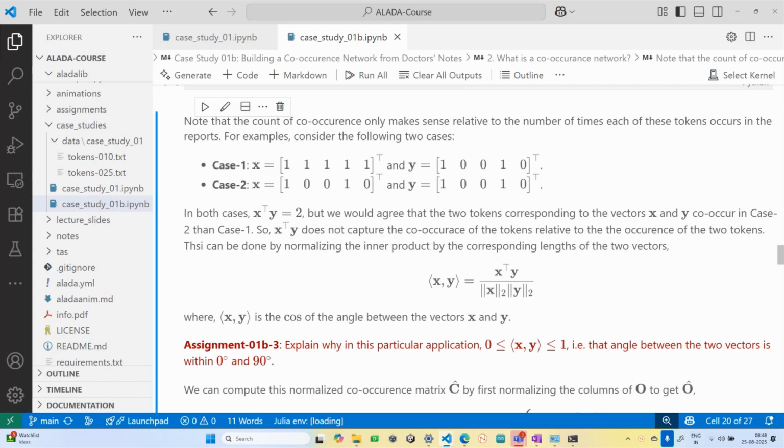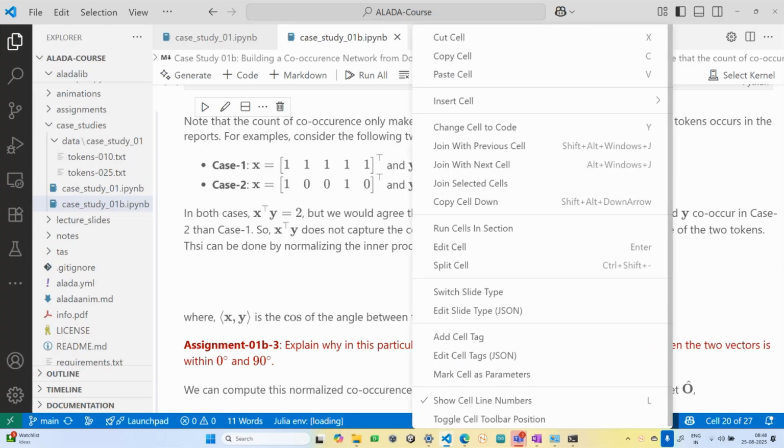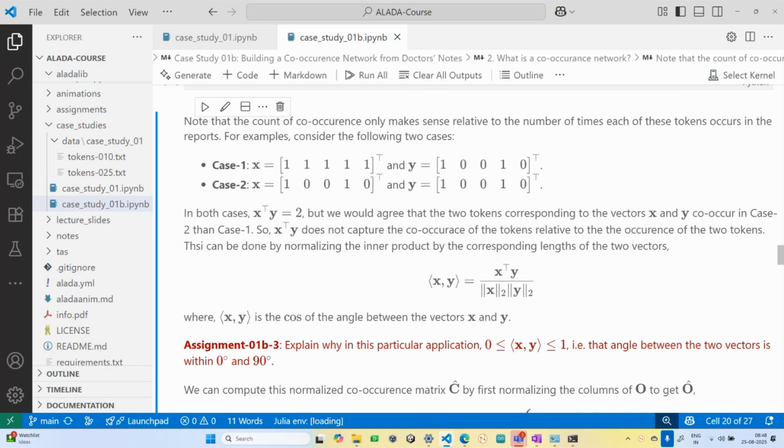But in the first one, this token corresponding to X occurs in all reports. Token corresponding to Y appears only in report 1 and 5. Whereas in the second case, in the second data set that you have, token X appears in reports 1 and 4.